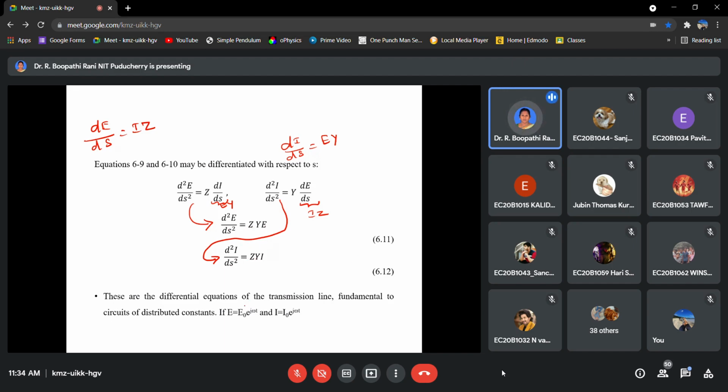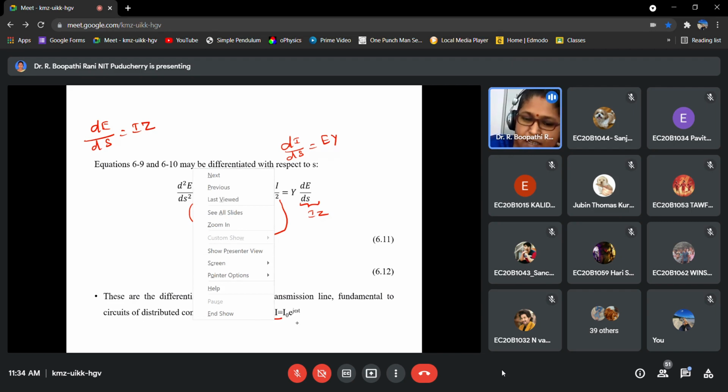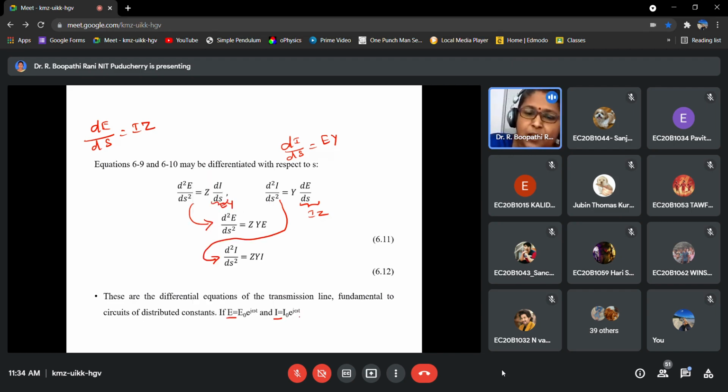Here we can give the representation. We can write the signal equations: the voltage can be written as E naught e power j omega t, considering sinusoidal variation, and I can be written as I naught e power j omega t. Now we need to solve these differential equations.